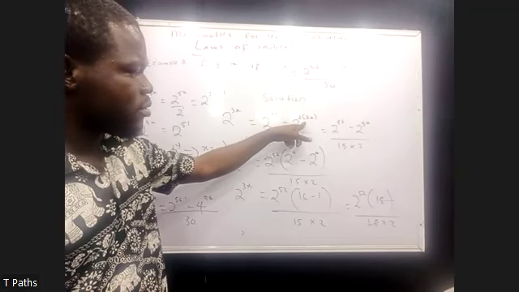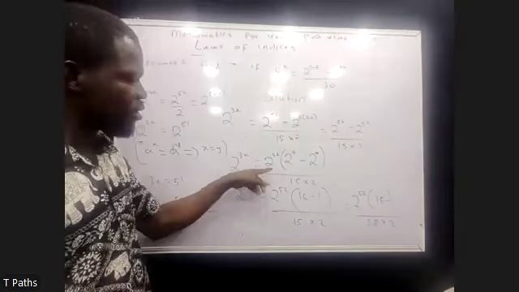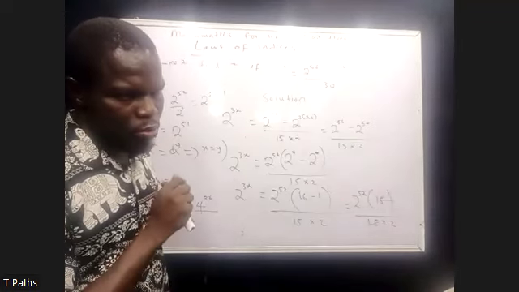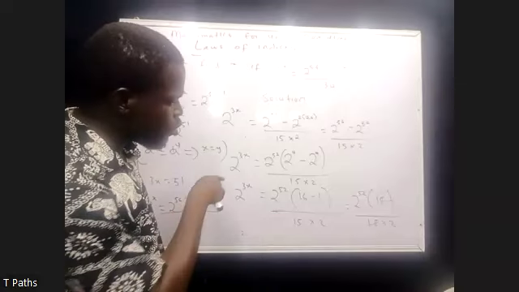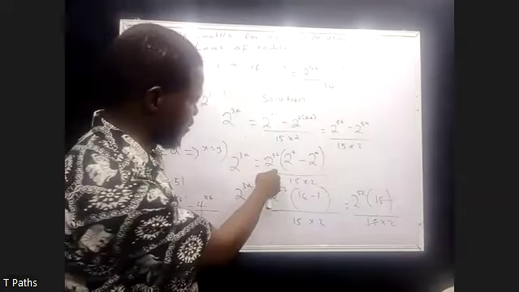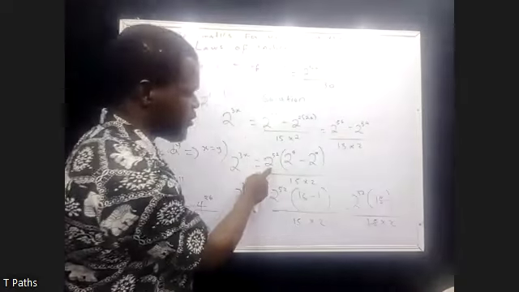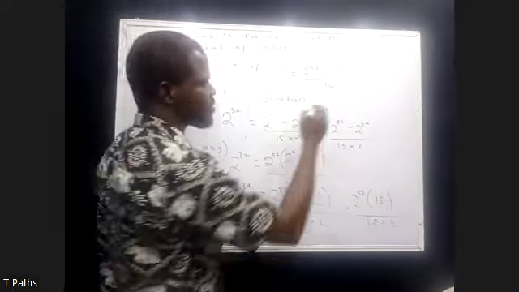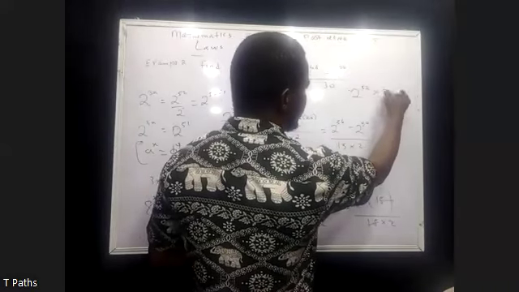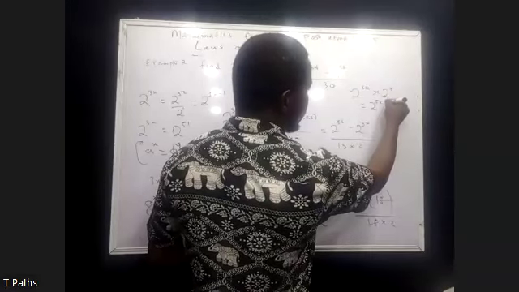Now here is very important. You add power, you don't multiply power. You can just bring out 2 raised to power 52. If you open this bracket, you get this back: 2 raised to power 52 times 2 raised to power 4 is 2 raised to power 52 plus 4.